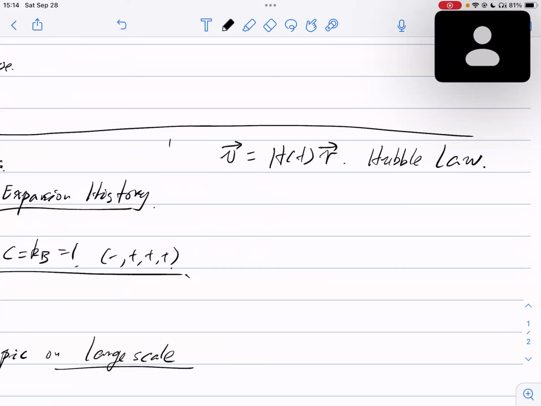Okay, so now we should figure out how we can represent this H(t) in another way.